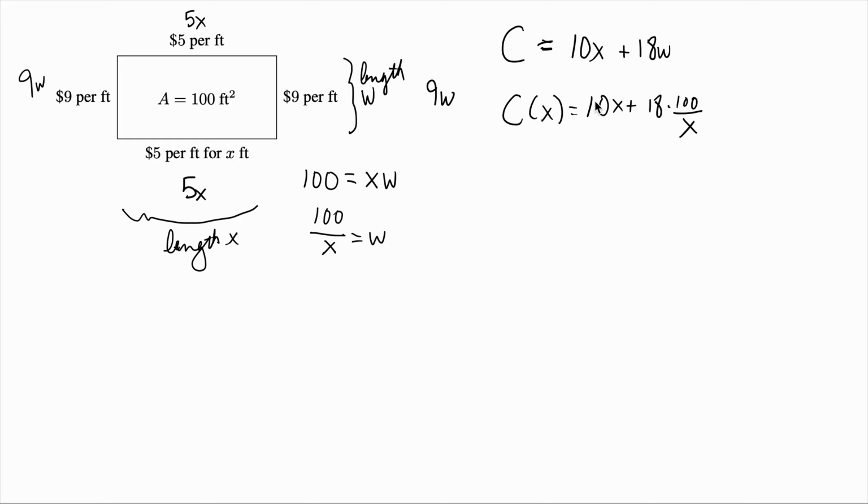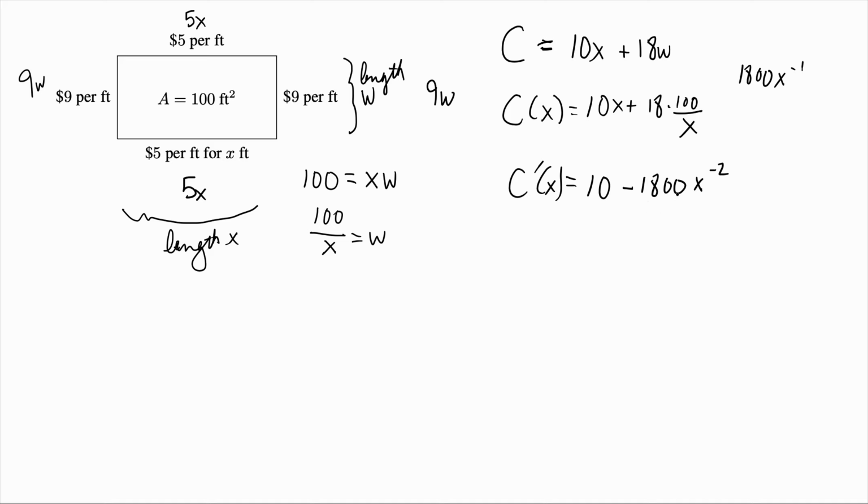To do so, the derivative of this part is just 10, that's nice. This part right here is 1800 times x to the negative 1. Using the power rule, negative 1 comes out front times the 1800, so negative 1800 times x to the negative 2. And that's going to be equal to the first derivative. We want to know where this is equal to 0 or undefined for critical points.